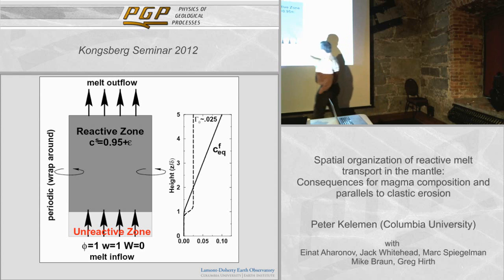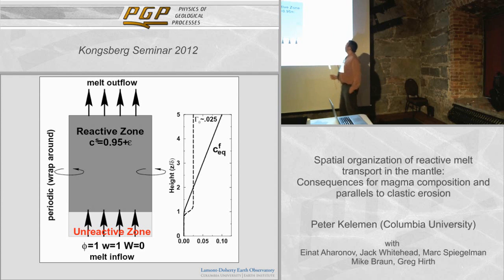But basically, for starters, we had a static box full of peridotite, and we ran melt through it. Again, the melt inside the box initially was all saturated with the peridotite everywhere. But again, there's a concentration gradient such that as the melt migrates up through this box, it has to dissolve pyroxene in order to maintain equilibrium with the solid.